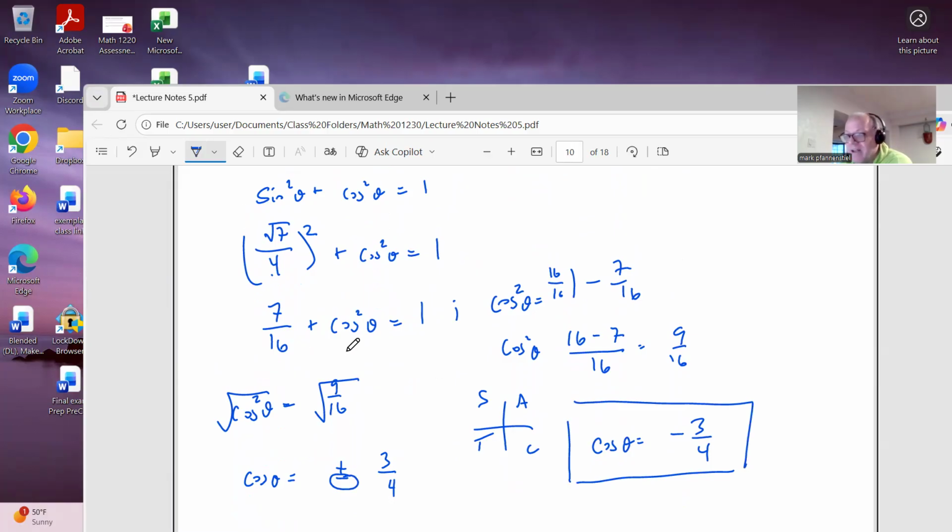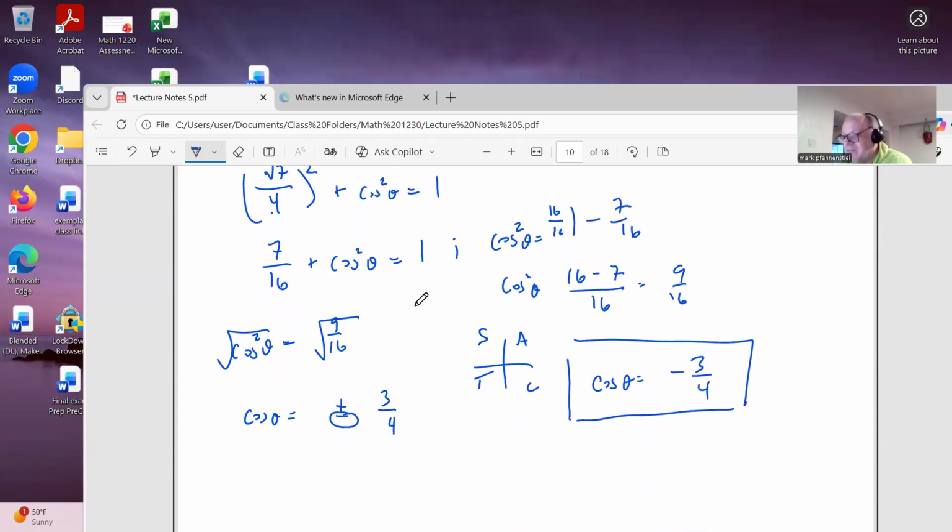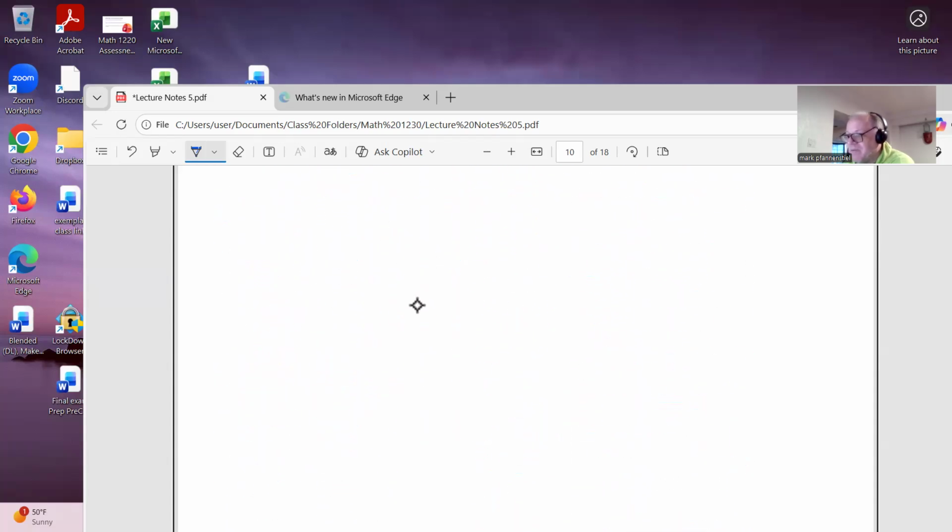There's a lot of different ways to skin a cat here. You could do this a number of different ways, where we said sine is equal to the square root of 7 over 4. We put it in quadrant 2. Here's my angle, here's my reference angle. So we have the square root of 7 over 4.